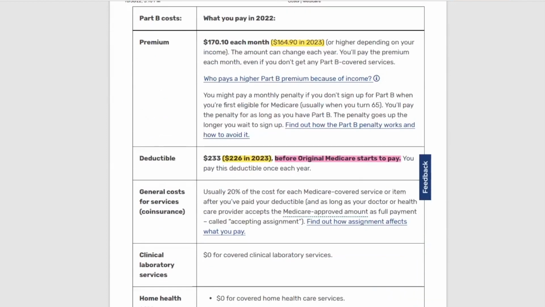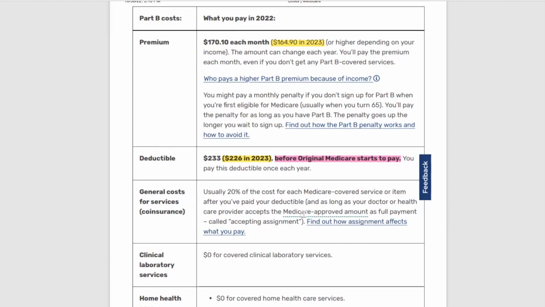Now, there is an annual deductible they have to meet before original Medicare will kick in for Part B. And that annual deductible is $226 in 2023. That is a one-time deductible each year, okay? Now, this is what you really also want to know: for your general cost for services, usually 20% of the cost for each Medicare covered service or item after you pay your deductible.